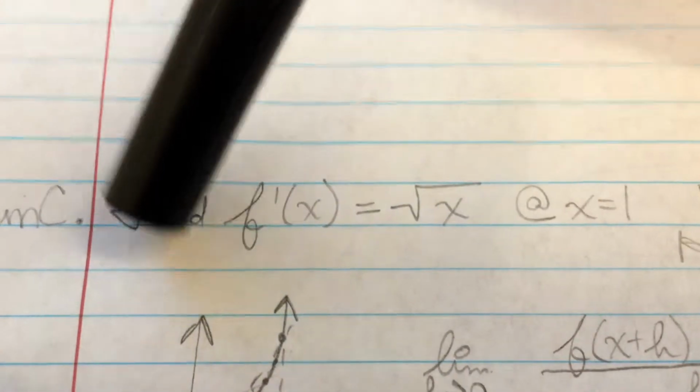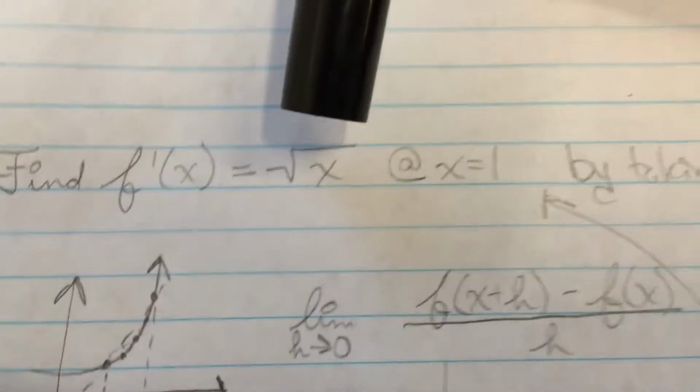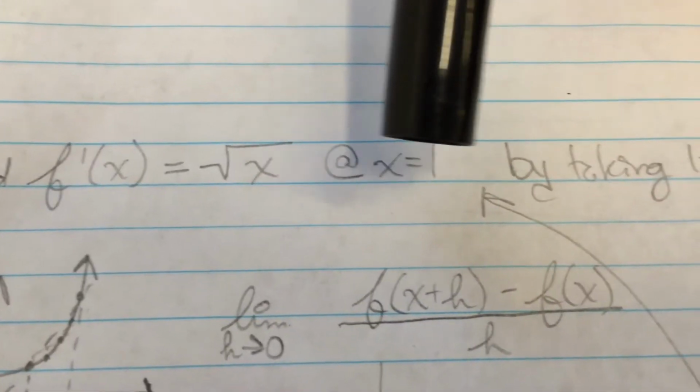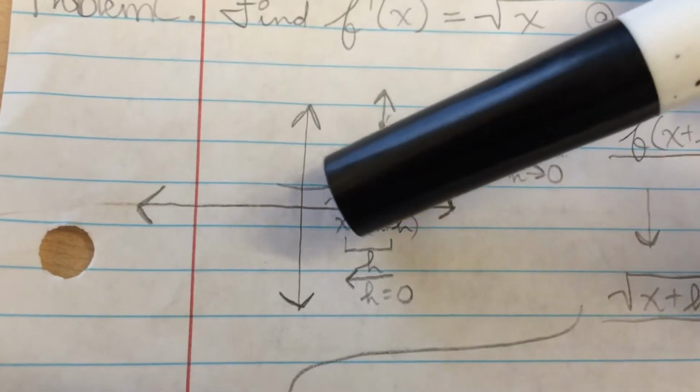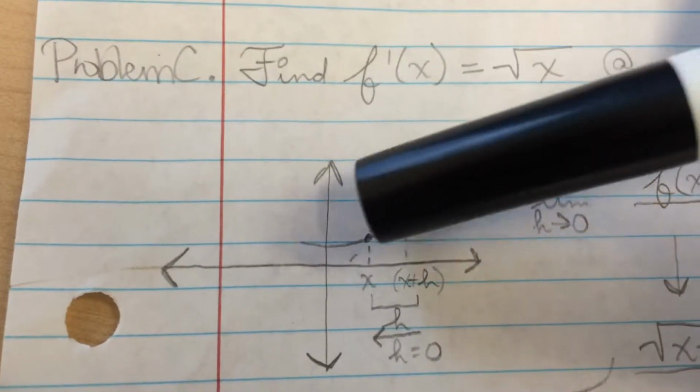So if you find where f prime of x equals the root of x at x equals 1 by taking the limit, what does this mean graphically? Well, this is not the same graph as before, but an arbitrary graph.